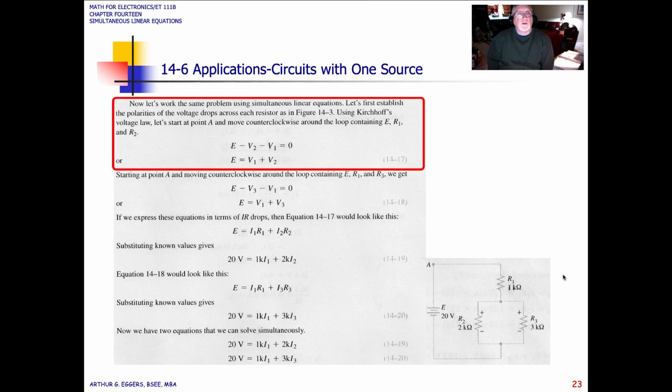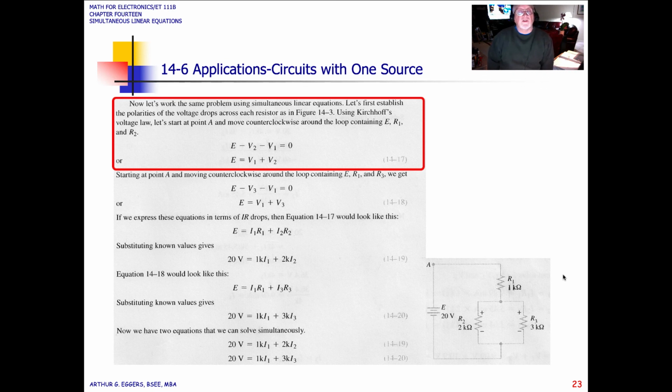Now let's work the same problem using simultaneous linear equations. Let's first establish the polarities of the voltage drops across each resistor in the circuit, and then using Kirchhoff's voltage law, let's start at point A, which you can see just above the source, and move counterclockwise around the loop containing the value for E, R1, and R2.